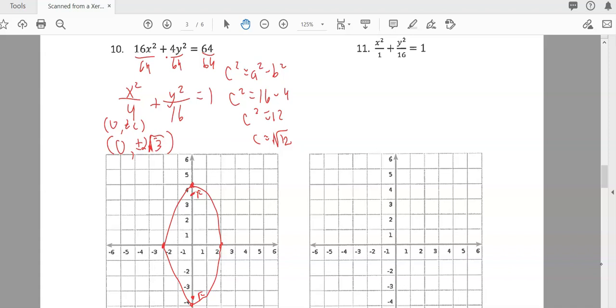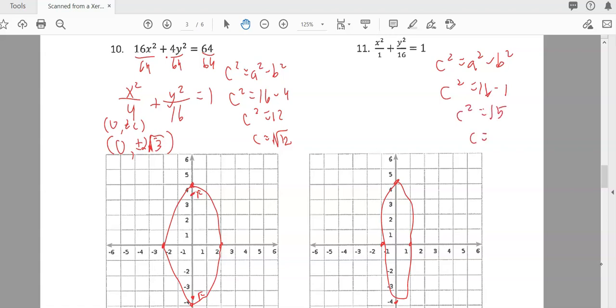And this one, that's an interesting one. Okay, so vertically I'm going up and down 4. It's another vertical one. Horizontally going right and left the square root of 1, which is 1. So it's really skinny here. And then c squared equals a squared minus b squared. So c squared equals 16 minus 1. c squared equals 15.